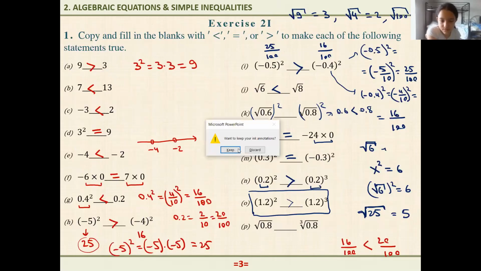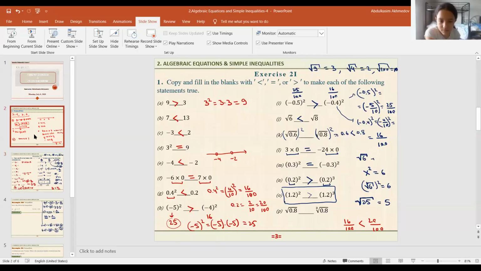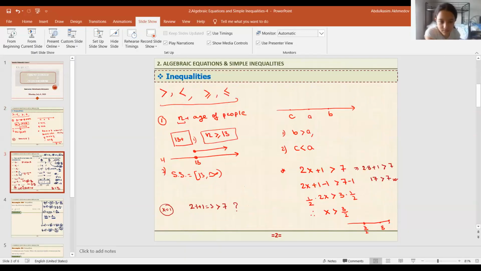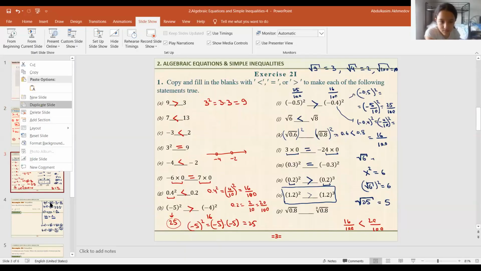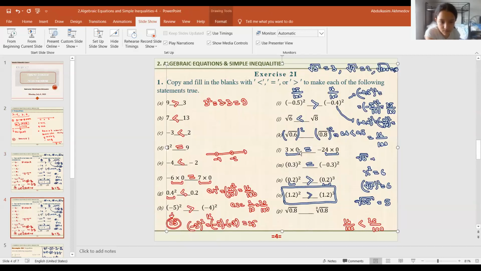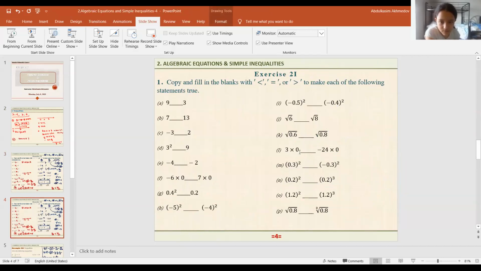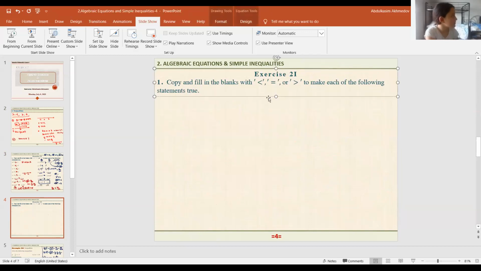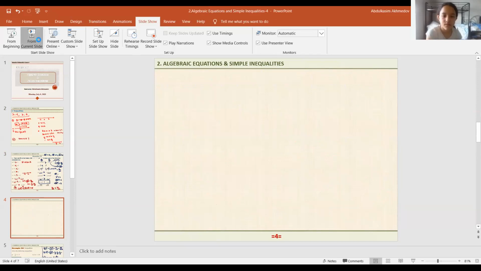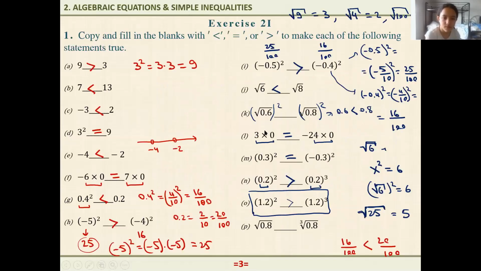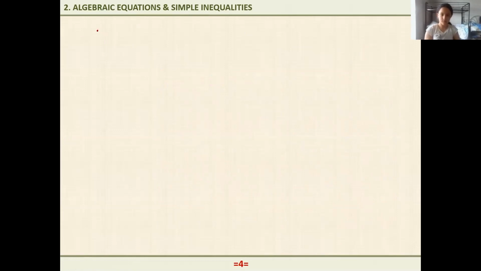Shahina, let me just add one more slide here. Okay, 1.2 squared, right? 1.2 cubed. So here we have 1.2 squared.